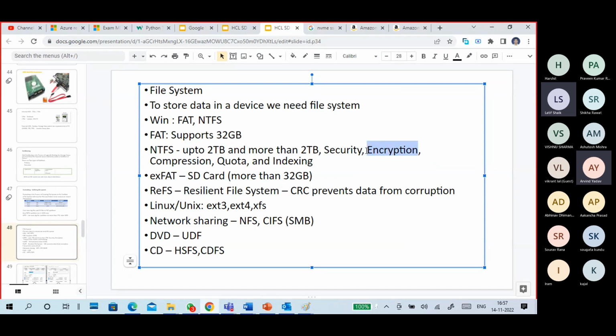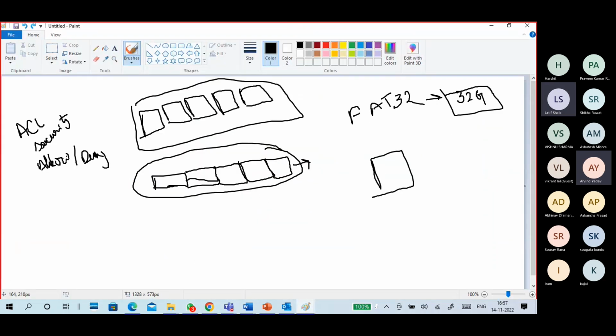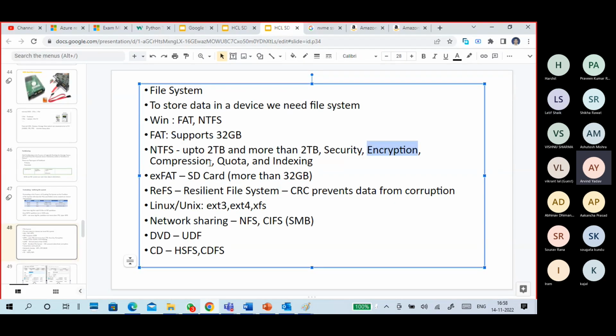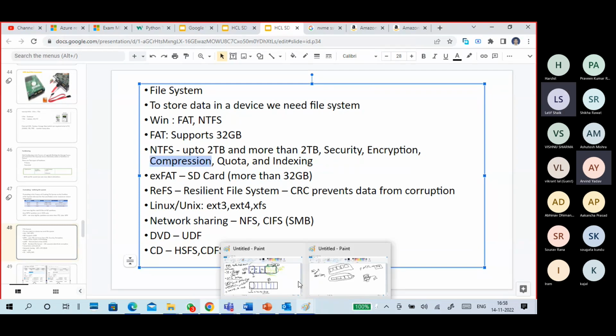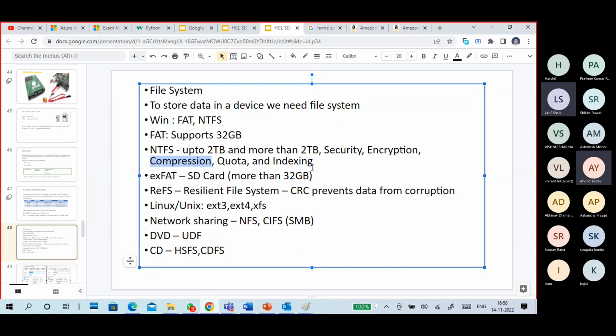Encryption, we can encrypt the data so then other users cannot access it without a certificate. If you encrypt the file, you need a certificate to access this data. That is encryption. Compression, we can compress the data so then we can save more space.